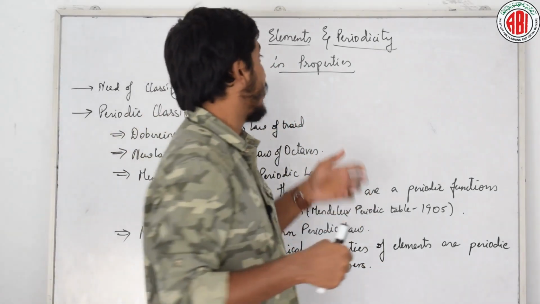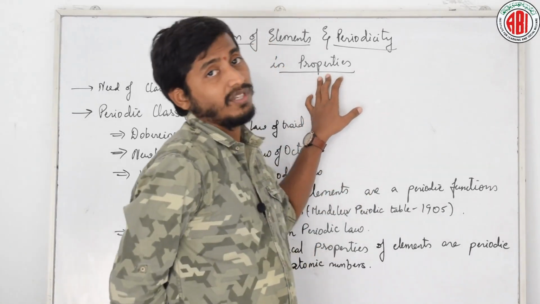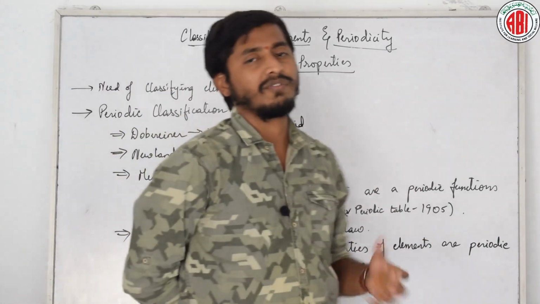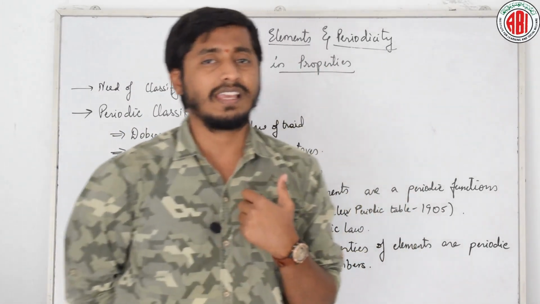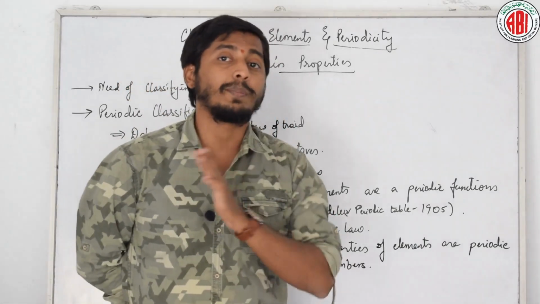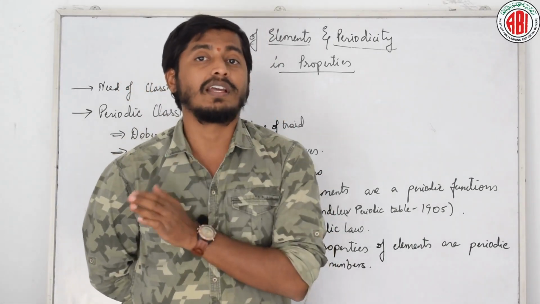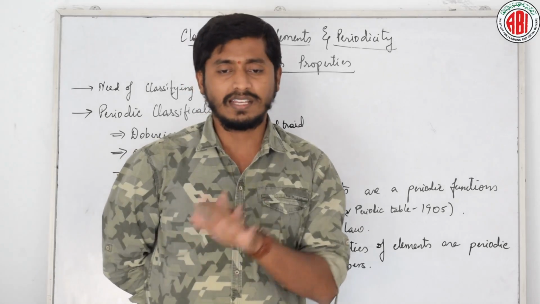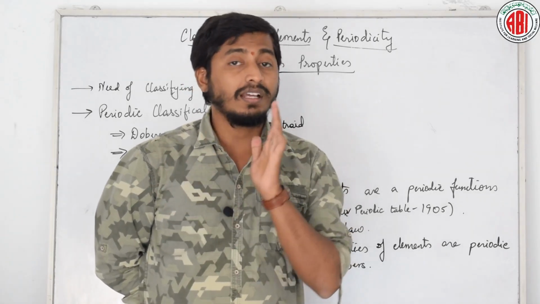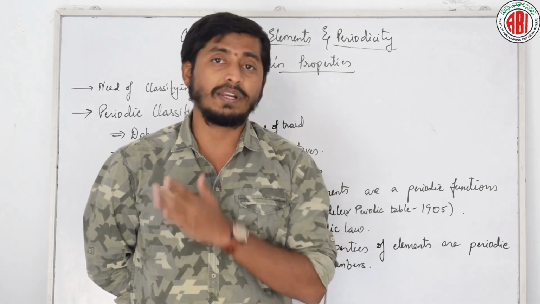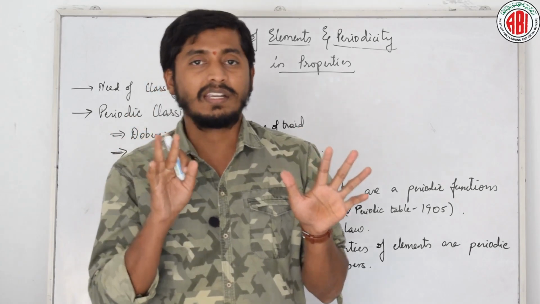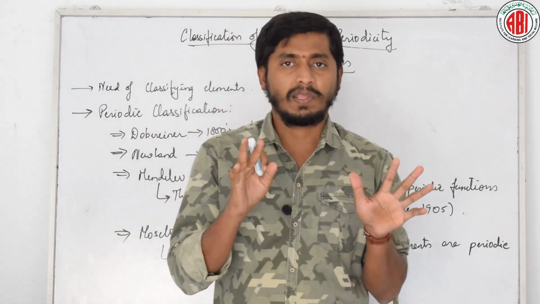Which means most of the scientists observed that there is periodicity in the properties of the elements. What do you mean by the term periodicity? It clearly tells that the properties are repeating after a particular interval, or else we can consider it as after some 5 elements or 8 elements. For example, there are 8 elements. The first element will have some property, right?